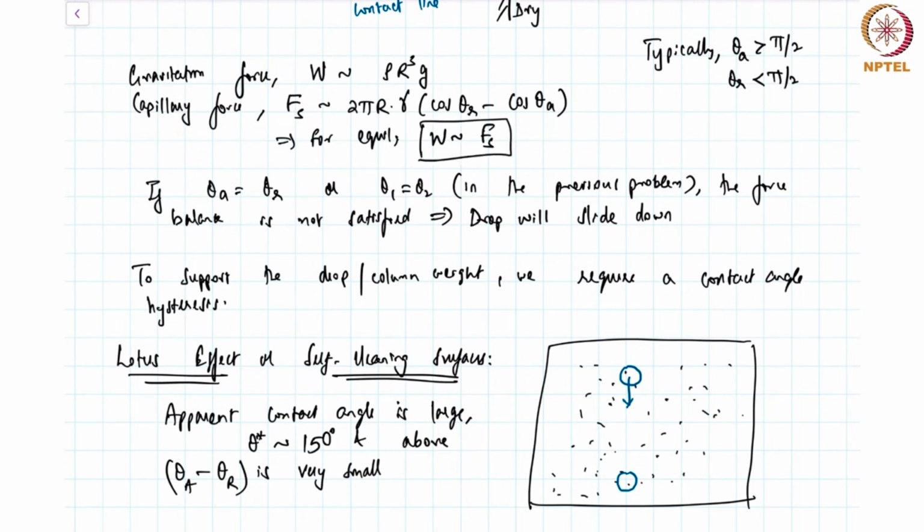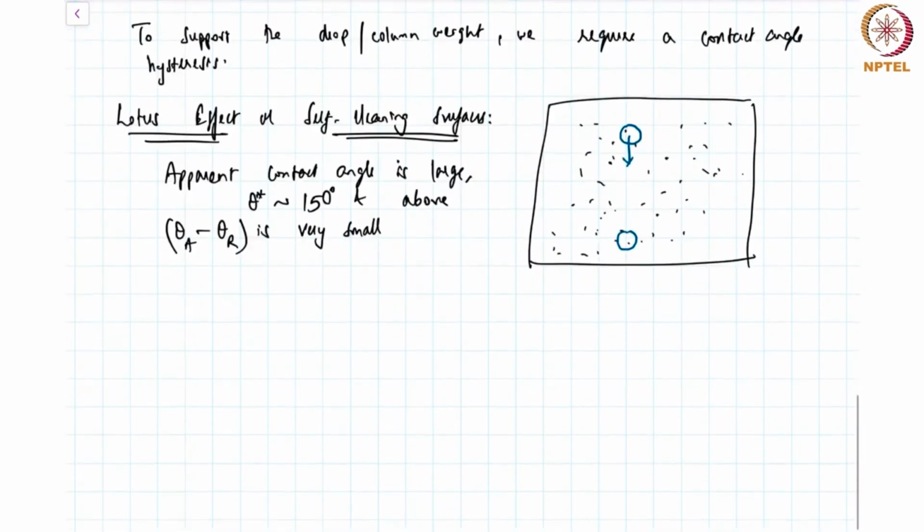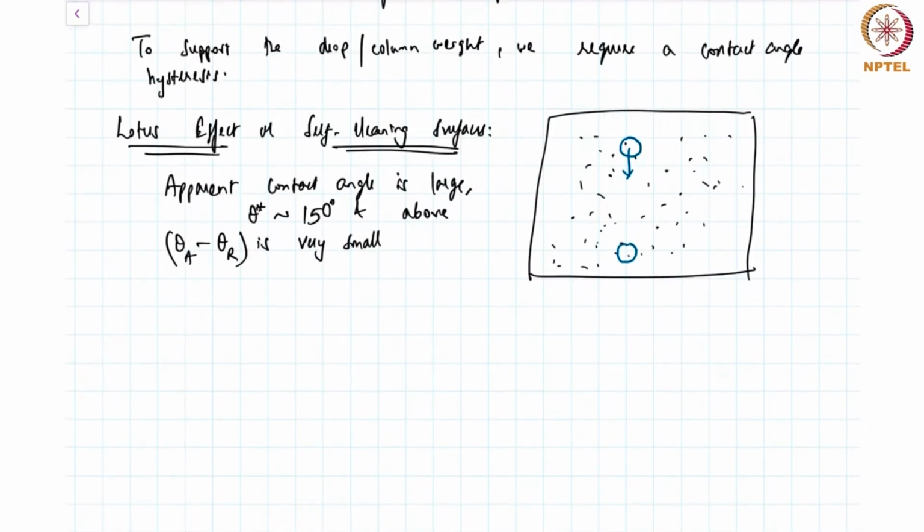So if you want self-cleaning surfaces, you not only require a large contact angle, you also require surfaces with a very, very small contact angle hysteresis. Okay, that's the first thing. Now, what about surfaces like the rose petal, sometimes referred to as just the petal effect?